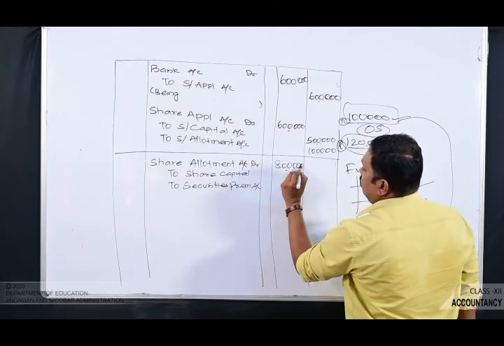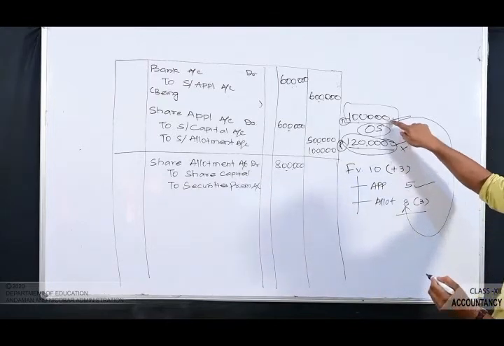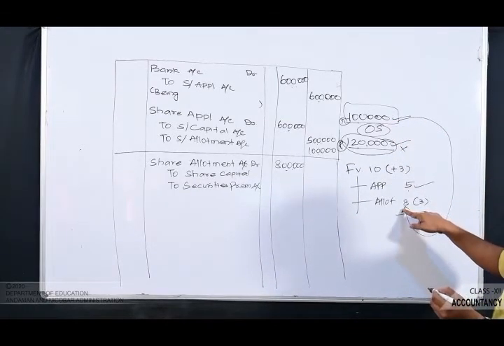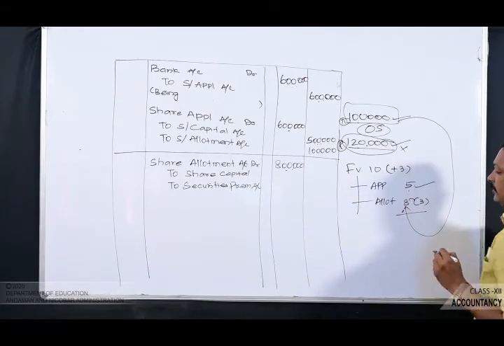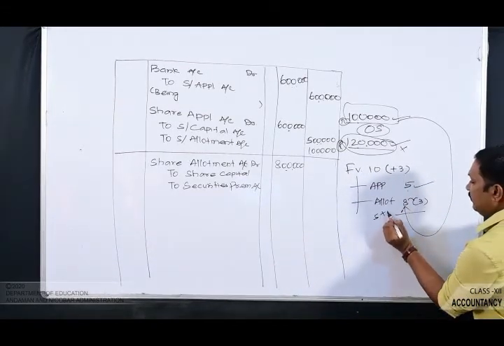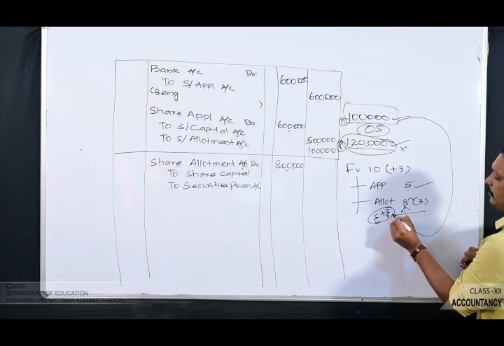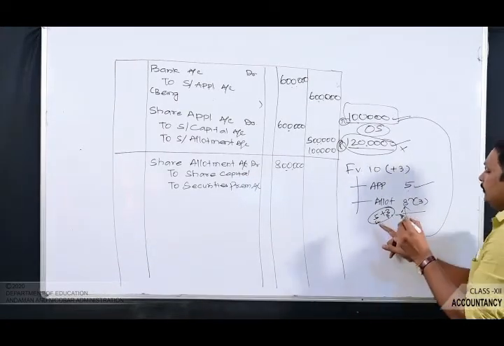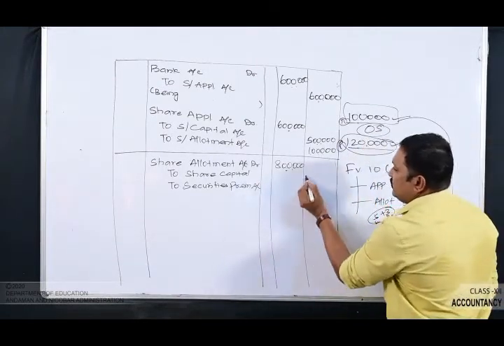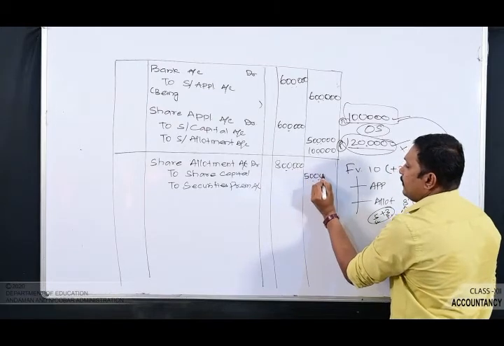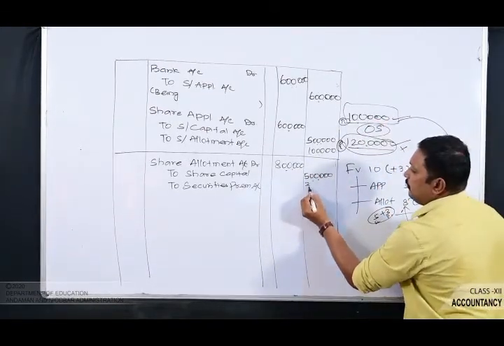Right? Okay. How did we get 8 lakh rupees? 1 lakh into 8. So 8 includes premium, so 5 plus 3. It means that 5 is for share capital, 3 is for premium. So now multiply 1 lakh with 5. That is 5 lakh for share capital, and 3 rupees premium, 1 lakh into 3, is 3 lakh rupees.